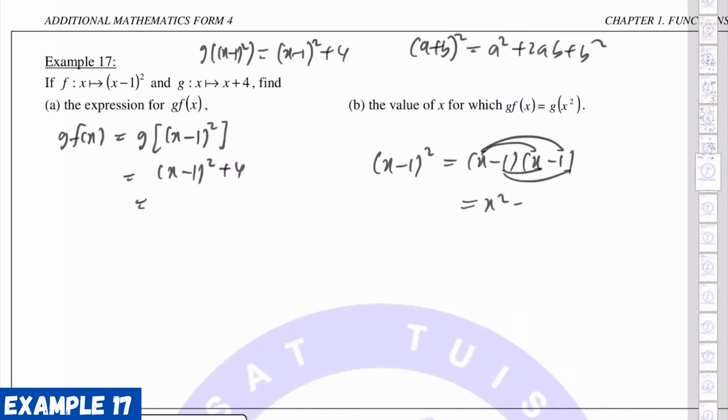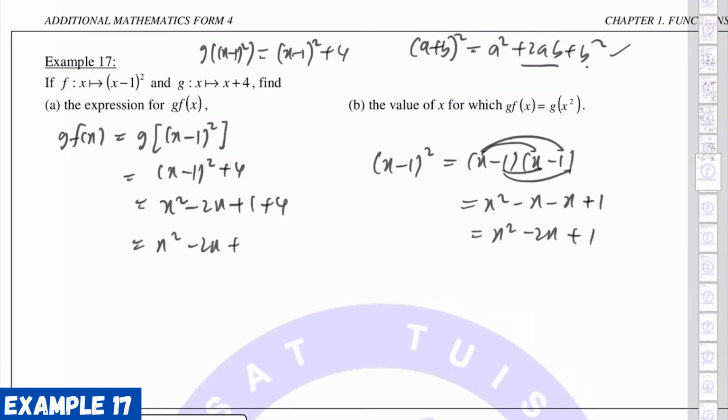It's so outdated. This is too slow. So learn how to expand directly and quickly using this method: x squared. Look at this, this is 2ab, right? So 2 times minus 1 times x is minus 2x. And the last term is b squared, which is minus 1 squared. You get 1. So when you put it together, this is my answer, right?